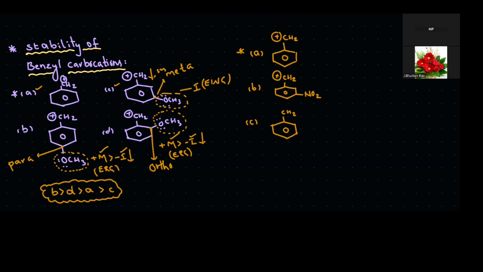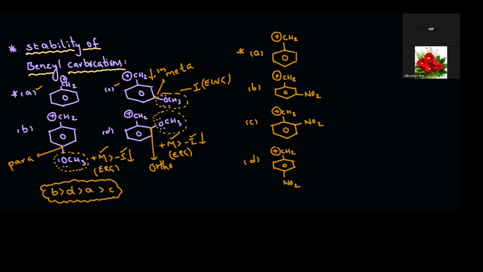In the ortho position, one NO2 group is present. In the para position, one NO2 group is present. So in these four given compounds, how do we identify the stable carbocation?